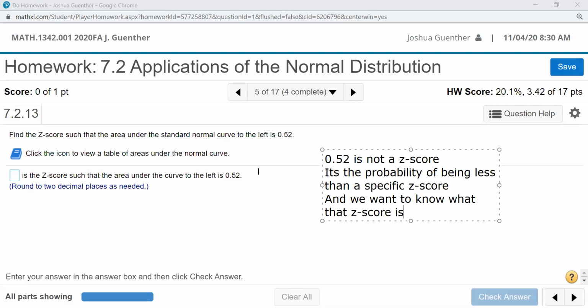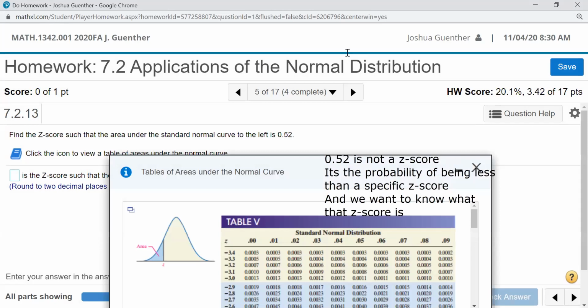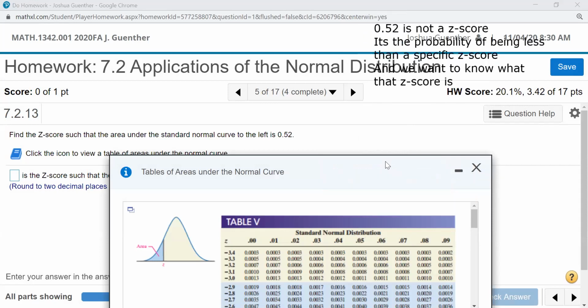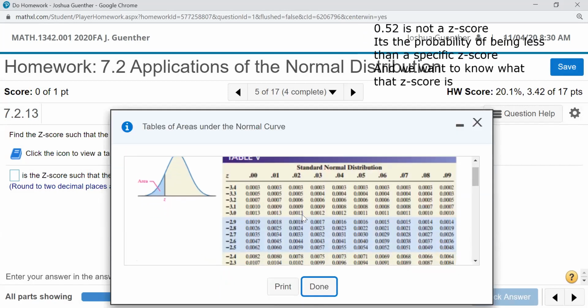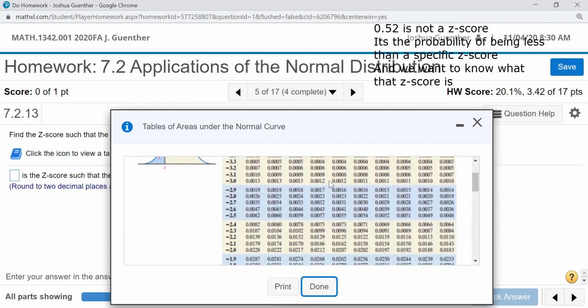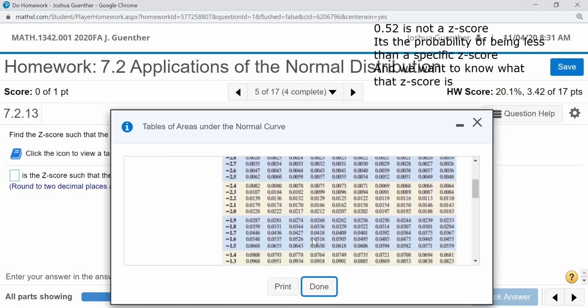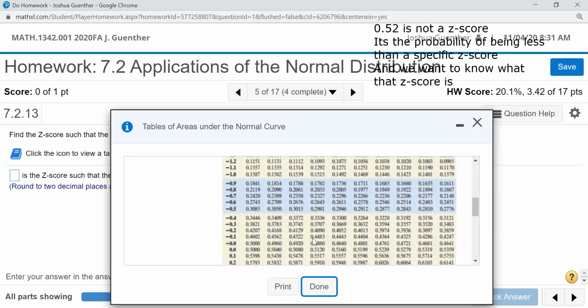That is our goal. Thus, we're not looking up 0.52 as a z-value. What we're instead doing is looking for 0.52 inside the table where the probabilities are hiding, and we want to get as close to 0.52 as we can.